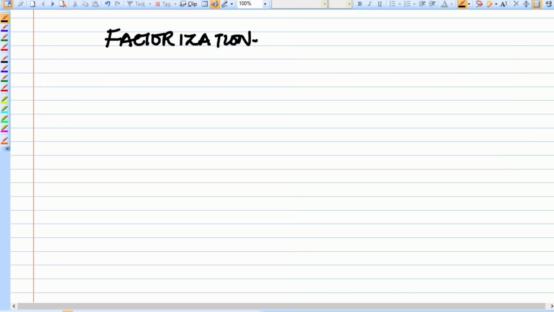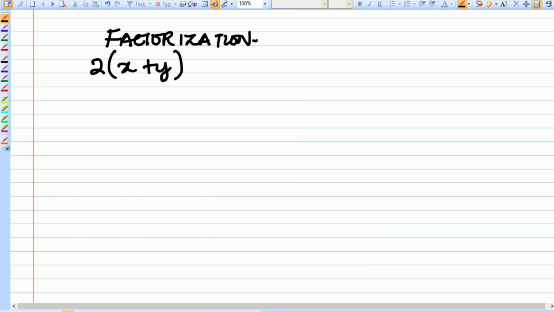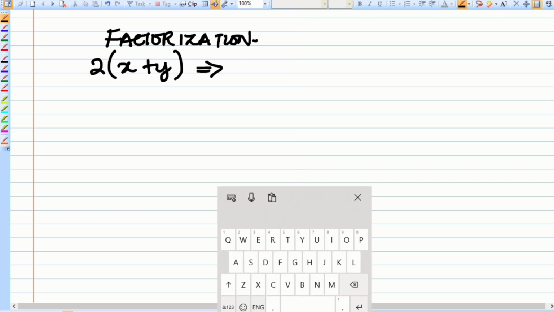Alright, so factorization is the reverse or the opposite of expansion. Just to prove that, let's say we have 2 bracket x plus y. Now, if we expand this, we're going to have 2 times x is 2x plus 2 times y is 2y.